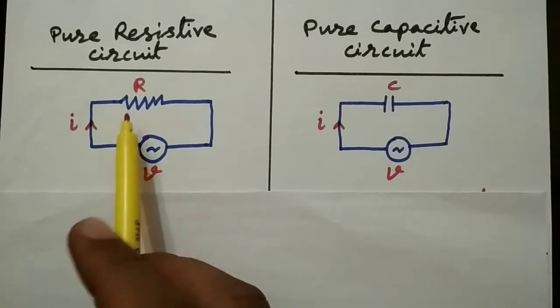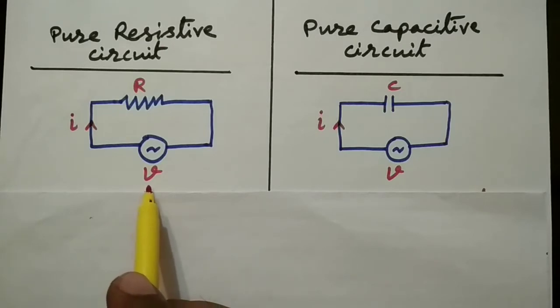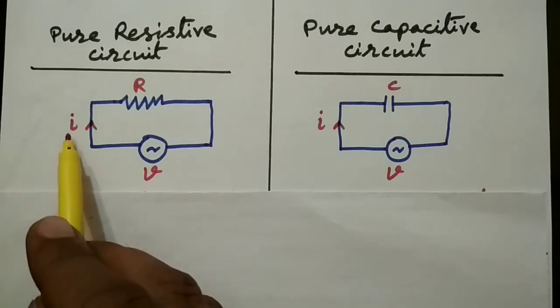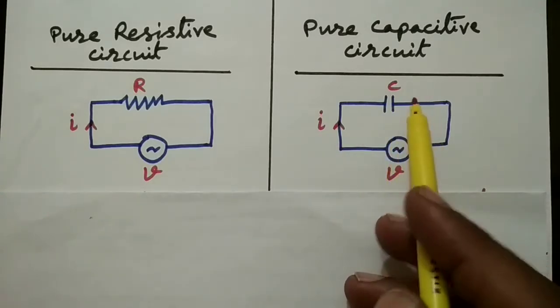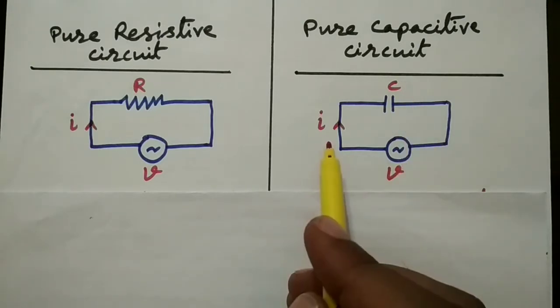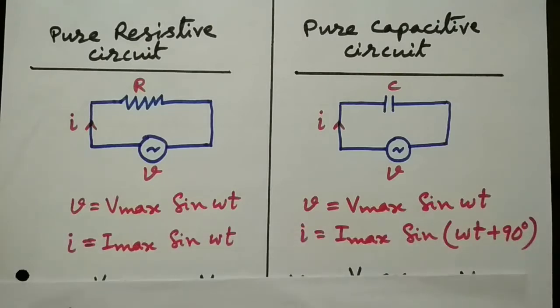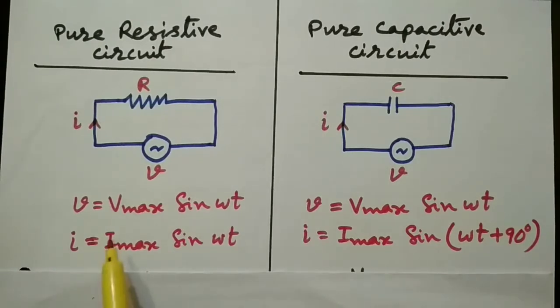In the resistive circuit, there is a resistance R, the alternating voltage applied is V, and the alternating current flowing is I. And in the capacitive circuit, the capacitance is C, the voltage is V, and the current is I. We have already seen that when we apply the instantaneous voltage across the resistive circuit as Vmax sin omega t, then the corresponding current flowing in the circuit will be Imax sin omega t.